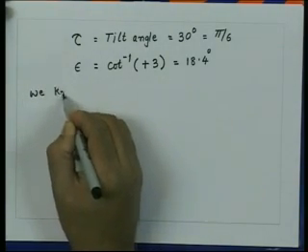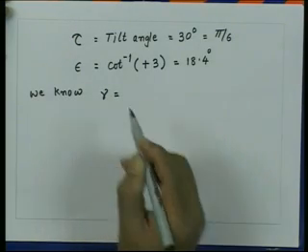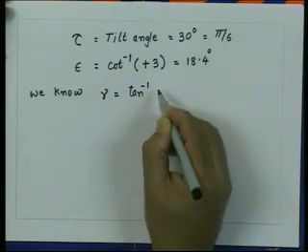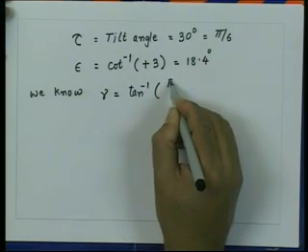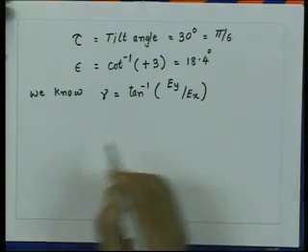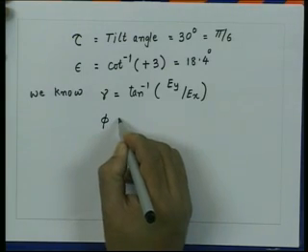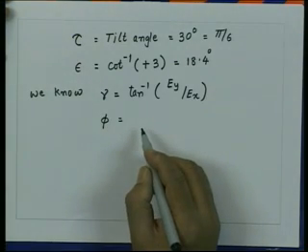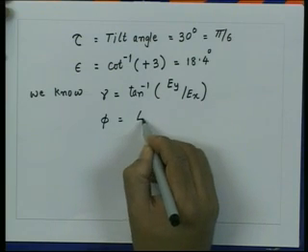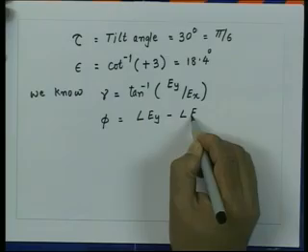So, we know gamma is equal to tan inverse of Ey upon Ex, and the angle phi is equal to angle Ey minus angle Ex.